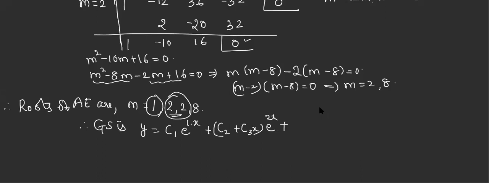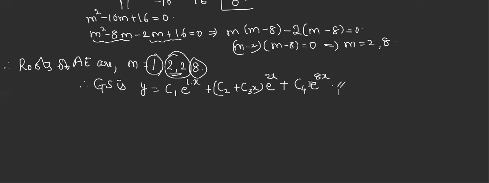The same root should be written once. And how to write for 8? C4 e raised to 8x. This type of example you can expect for 6 marks. They will ask one from biquadratic and homogeneous. Hope the part is clear.